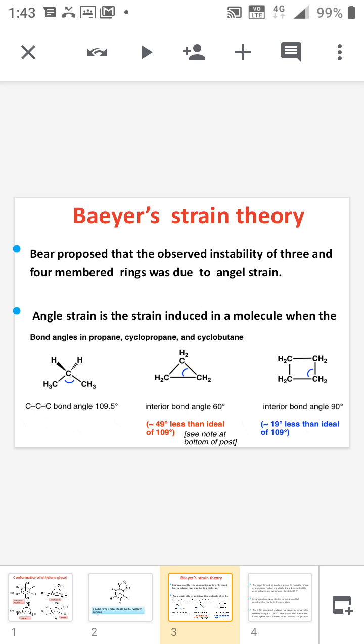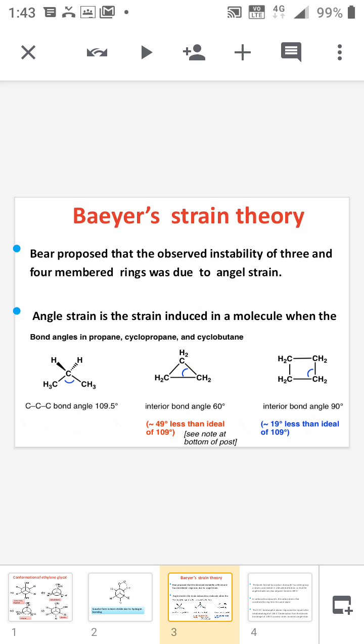We have already studied the angular strain and its definition. In cyclopropane, we can see that the bond angle is 60 degrees, which is 49 degrees less than the ideal tetrahedral bond angle, that is 109.5 degrees.